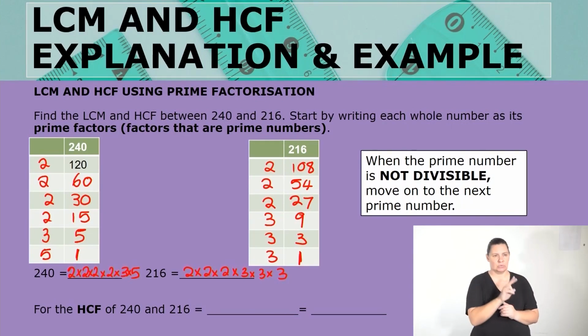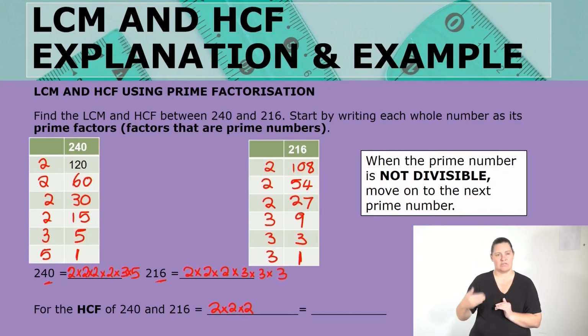Let's start with the 2. On this side, we've got 1, 2, 3, 4 2's. And on this side, we've got 1, 2, 3 2's. So that is the lowest frequency, 2 times 2 times 2. There's only 3 of them. And then the other common one was the 3. On this side, we've got 1 3, and on this side, we've got 3 3's.